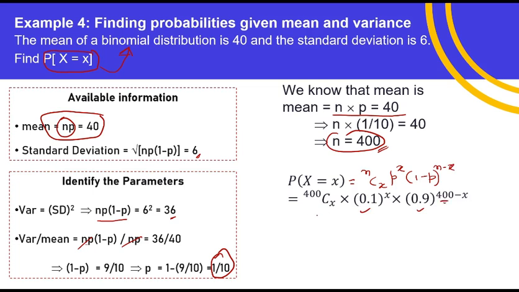Now if you want to compute some probability, say they ask you to find the probability of x equal to 1, then you find 400C1 times 0.1 to the power 1 and 0.9 to the power 399. So you need a calculator to find it out. This way you can compute the probability for a particular value of x.